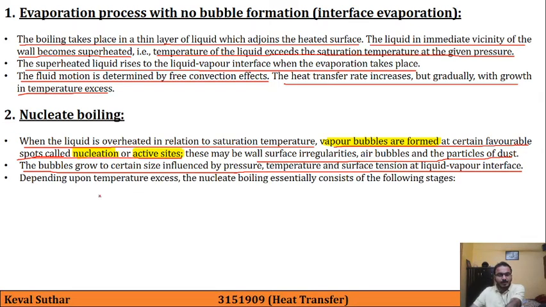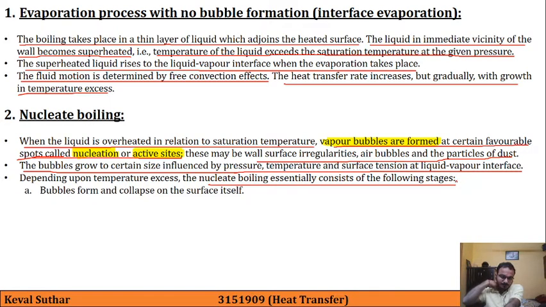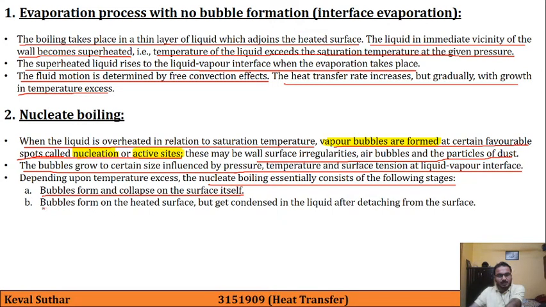Depending upon the temperature excess, nucleate boiling essentially consists of the following stages. First is bubbles form and they collapse on the surface itself. Second is bubbles form on the heated surface, but they get condensed in the liquid after detaching from the surface.